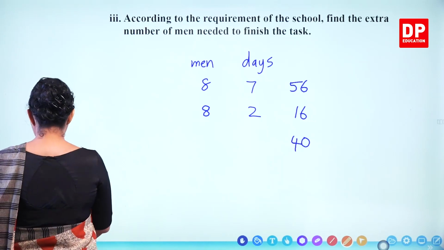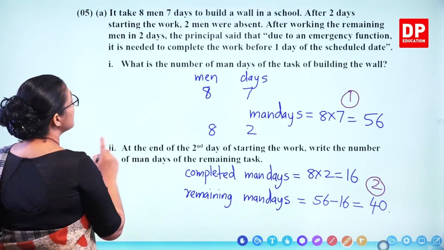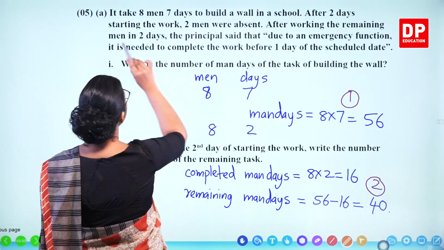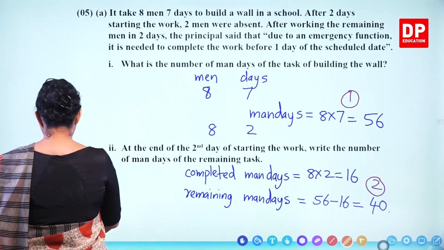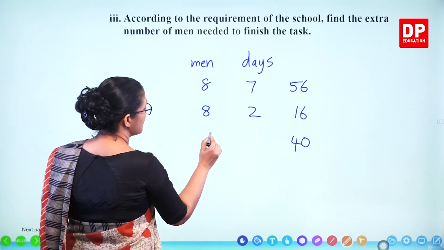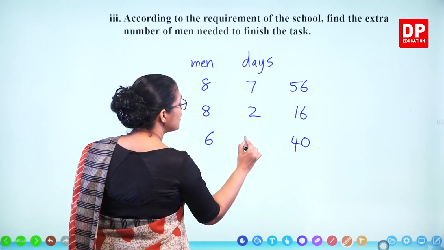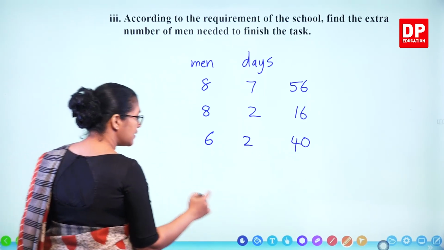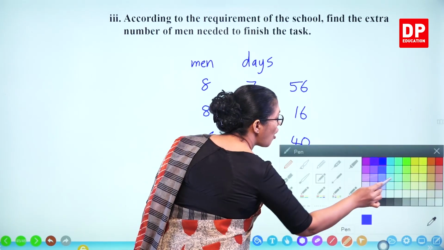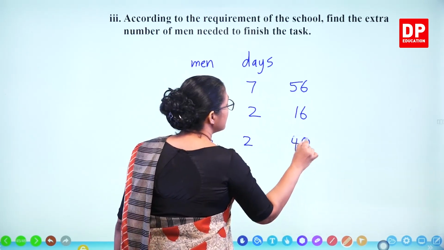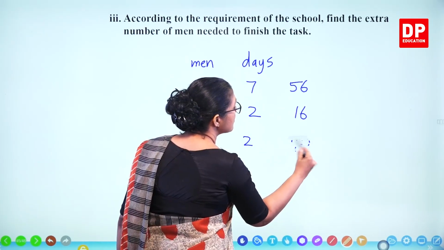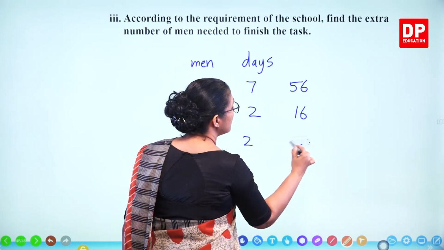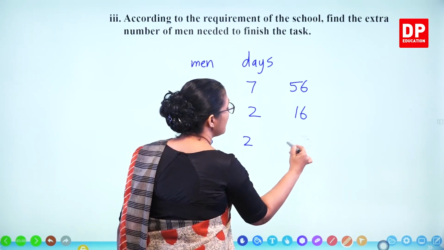Then again, the remaining people also work 2 days. After working the remaining men in 2 days. So remaining men now 6. They work 2 days. So how many man days are there now left?